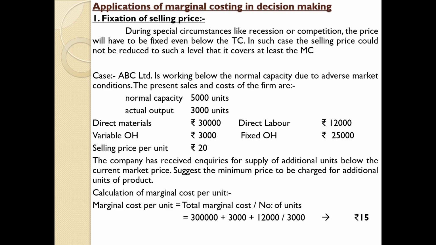It is already given in the question. Number of units means number of actual units. You will get marginal cost per unit is 50. So you can reduce the price till 15. Beyond 15 is not good for the organization. So that is the concept of taking decision regarding fixation of selling price.